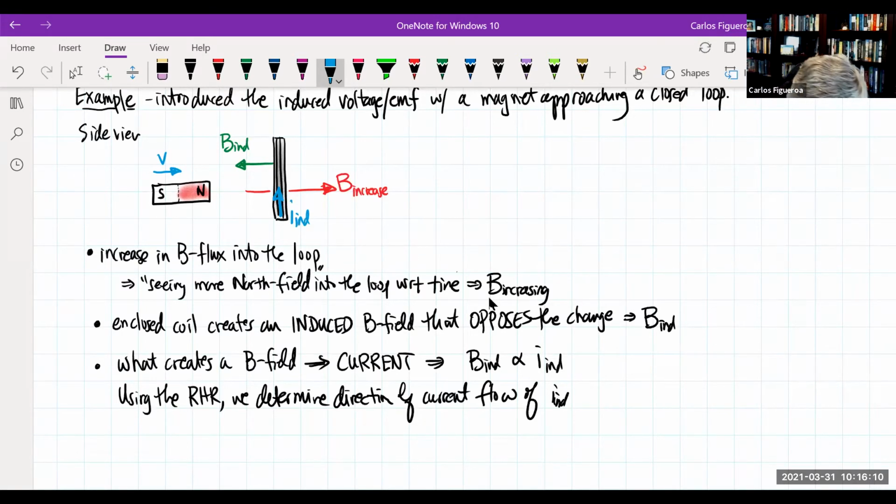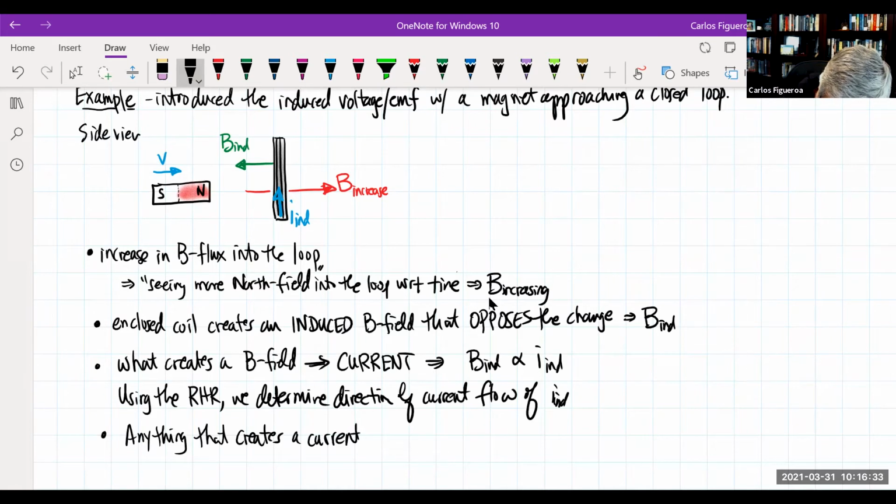Now how is this induced current related to the induced voltage? Well, just as with anything else, anything that creates a current must have a voltage.